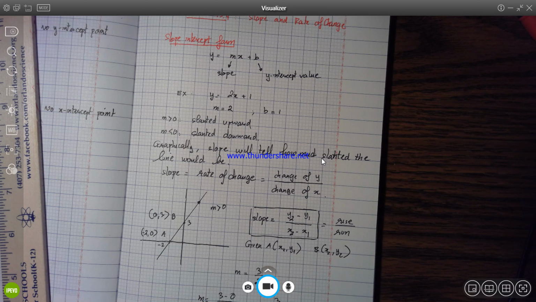Otherwise, the question must give you 2 points. Then you can calculate the slope. That is the case when you have a line slanted upward or slanted downward.